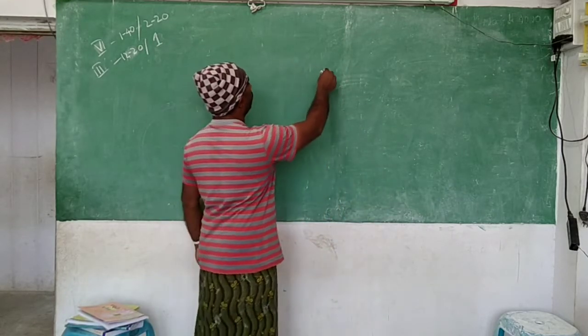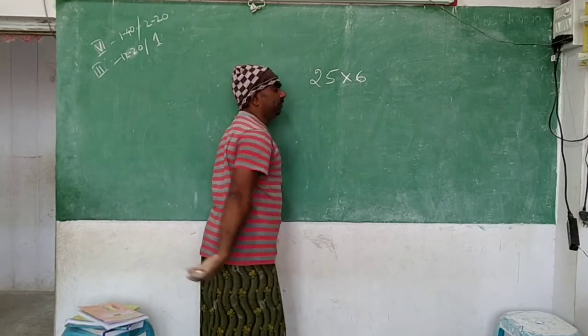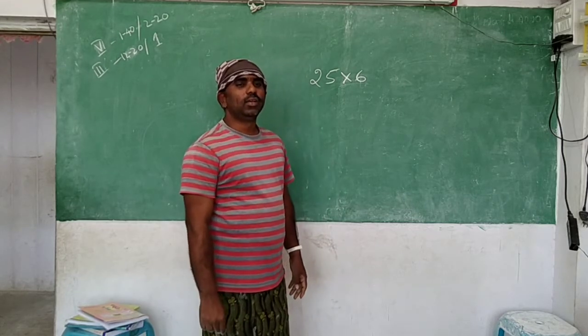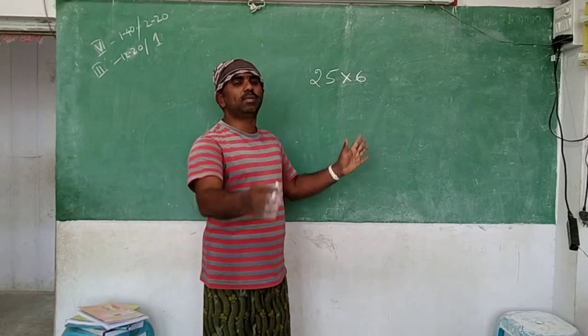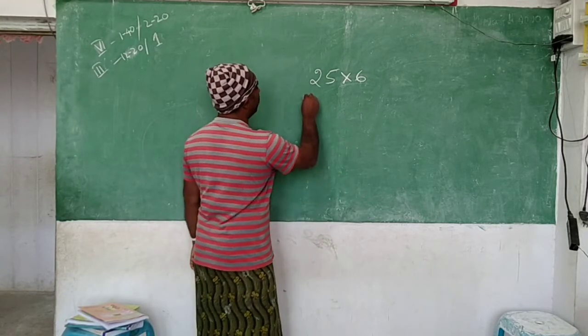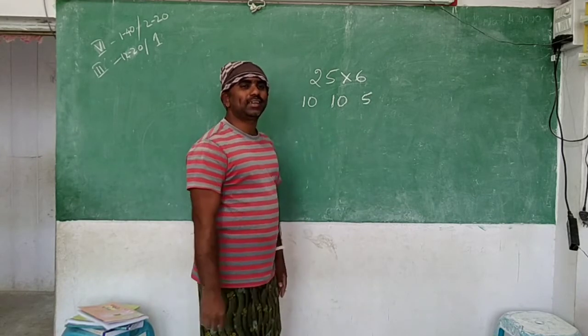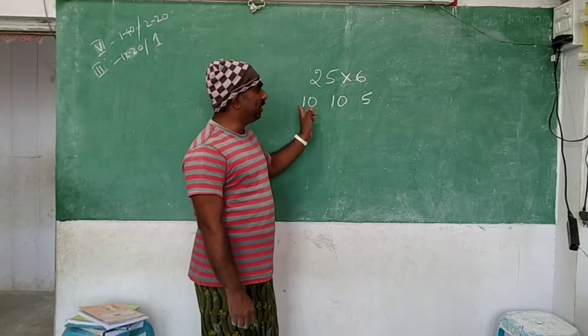See here, 25 into 6. So what should we do? You know, 25 we will split into different small numbers. See how I am splitting: 10, 10, 5. Can I split like that? 25 will become 10, 10, 5 now.